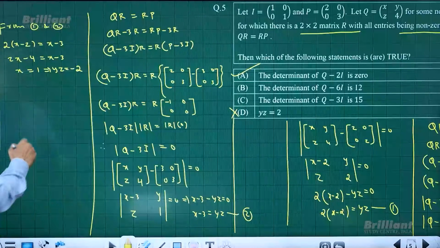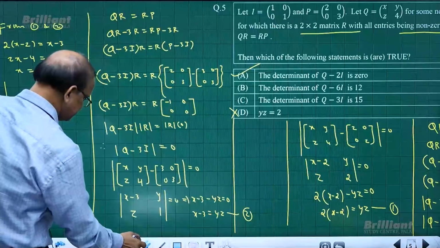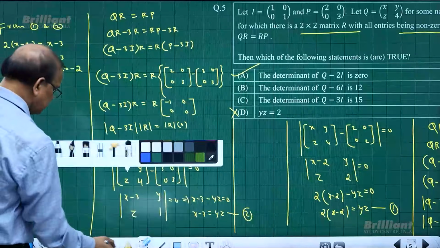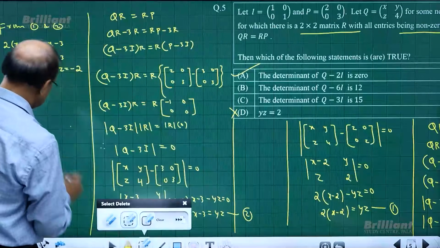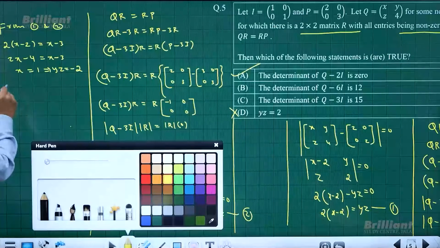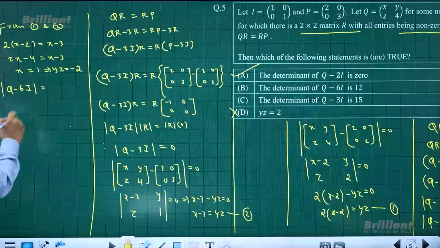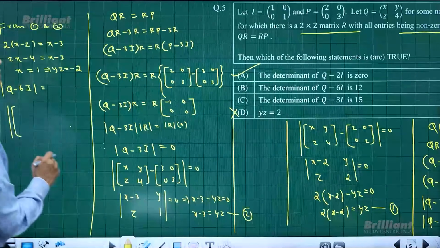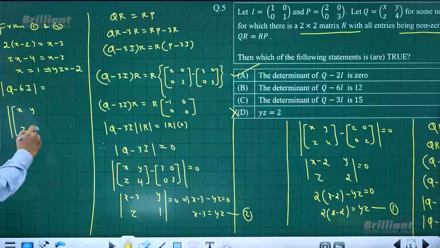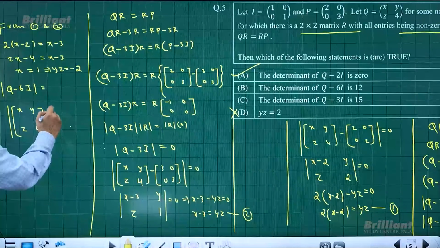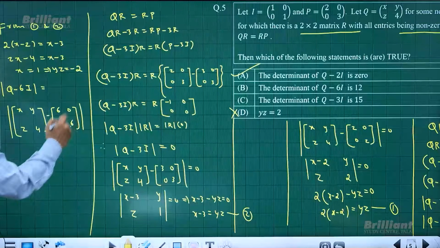Determinant of Q minus 6I, where Q is x, y, z, 4, minus 6I, 6, 0, 0, 6. So what is this?